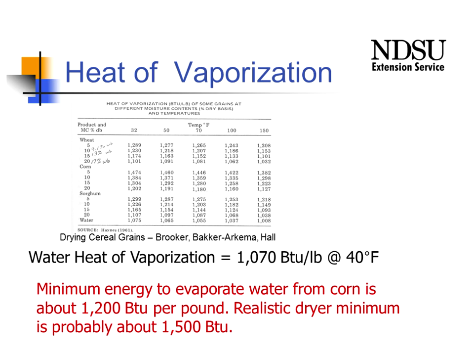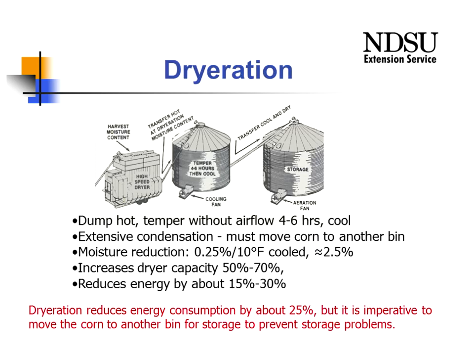In reality, I think most of the time we're going to be closer to maybe 1,800 BTUs, maybe even as high as 2,000 BTUs to take out a pound of water, depending on what outdoor temperatures are.